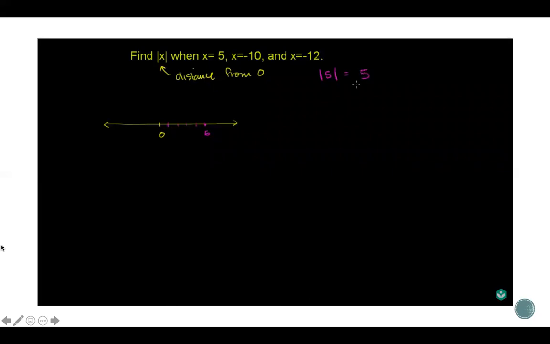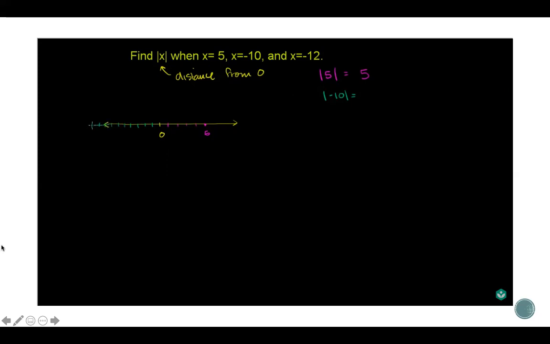I think you already get to see this is a pretty straightforward concept. Now let's do something a little more interesting. The absolute value of x when x is equal to -10. So let's just put -10 in for x. This is the distance that -10 is from 0. So let's just go -1, -2, -3, -4, -5, -6, -7, -8, -9, -10.